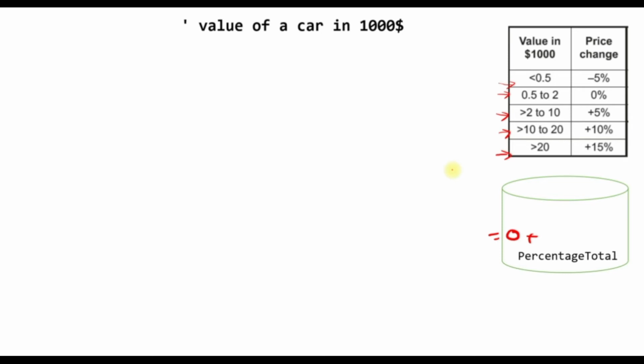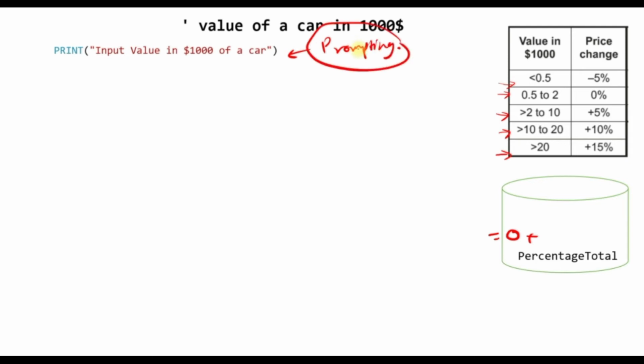Again, we are prompting the user. Do not forget to prompt the user. Now, actually, this is a part of VB code. We can remove this, because simply I copied this from the VB code solution.